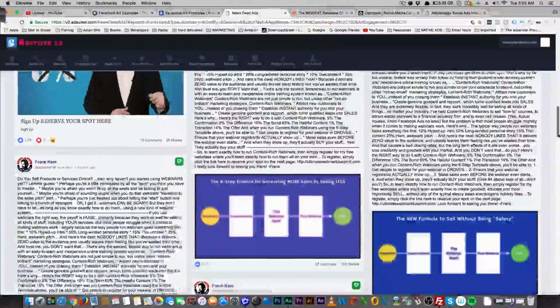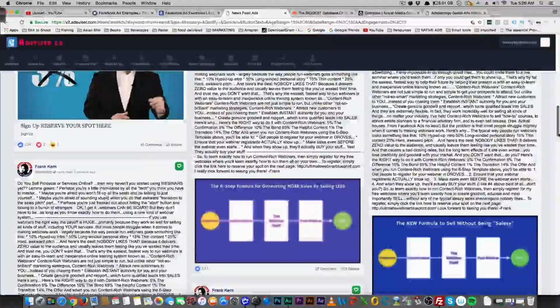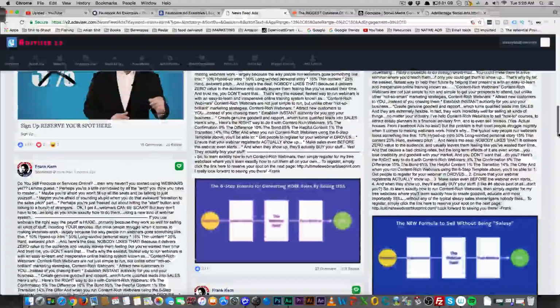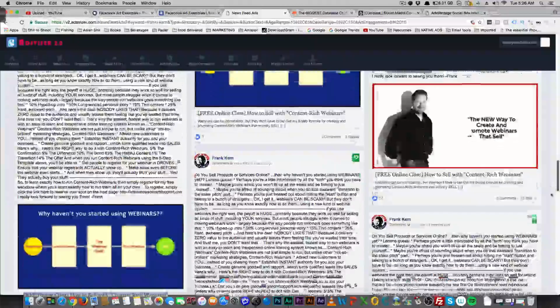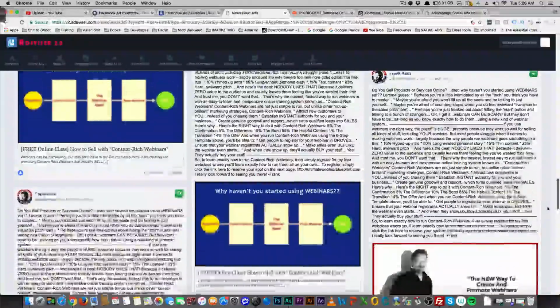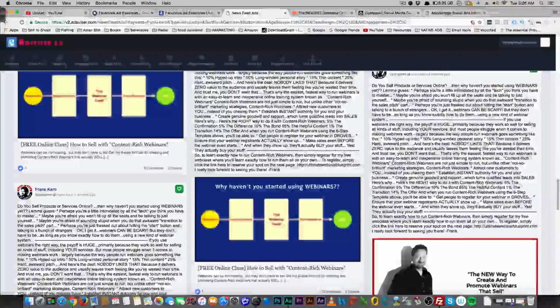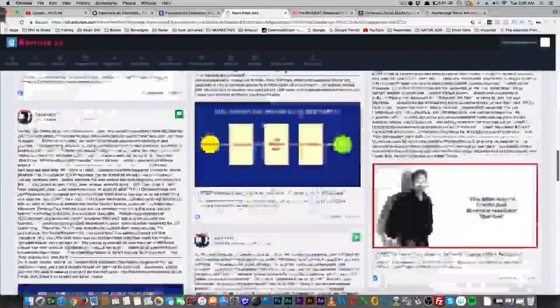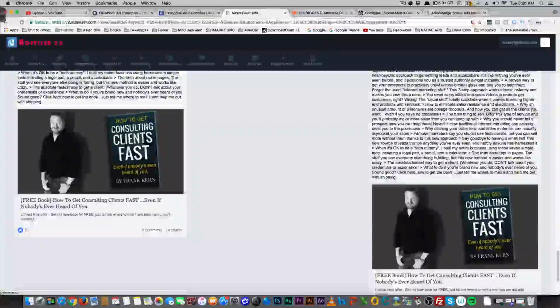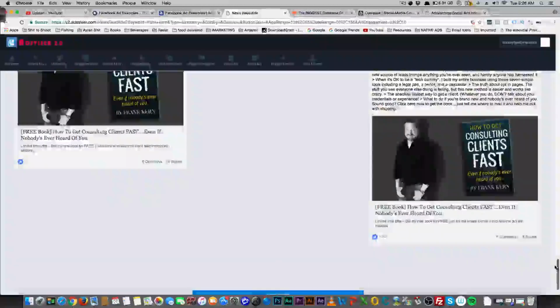He used a different ad copy here. The 6-step formula for generating more sales by selling less, right? So he used different ad copy here, but he's always using, if you notice, different ad copies. Different copies didn't work, but this one worked out for him, okay? And so you can see, and he used this image a lot here. This image seems to have worked for him because he uses it a lot.